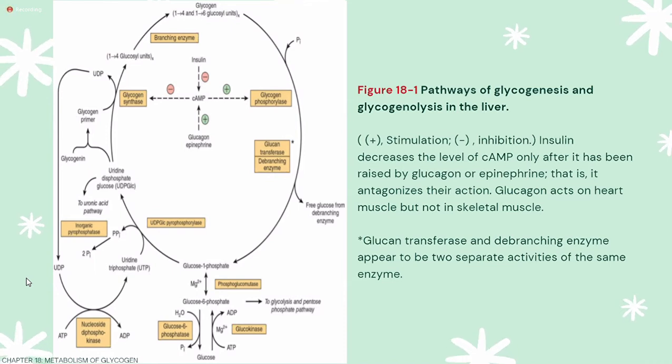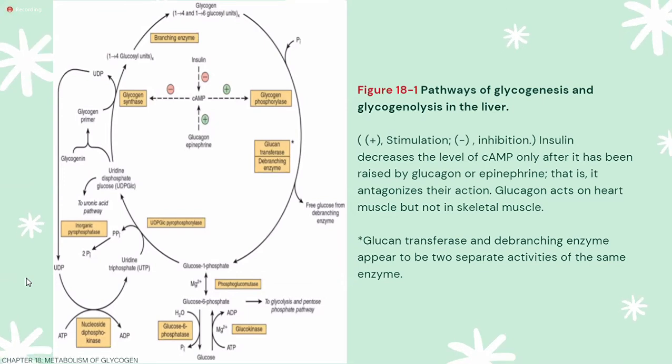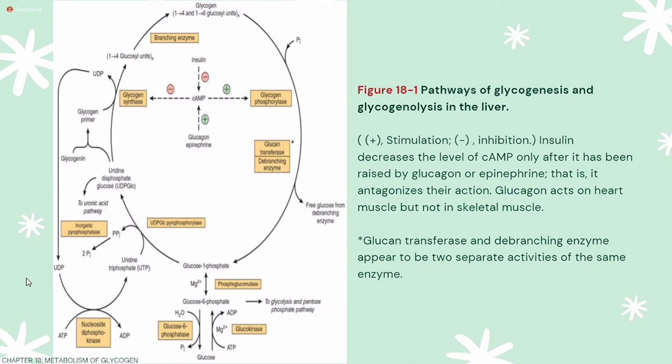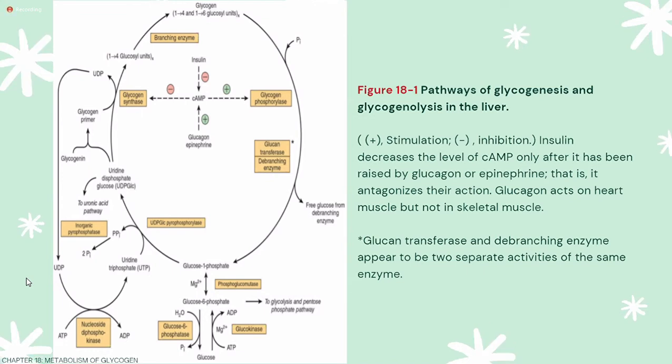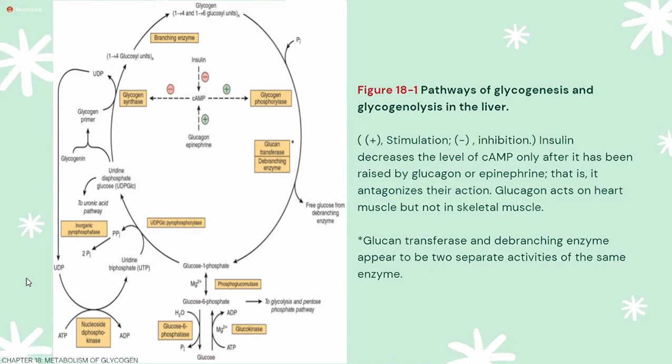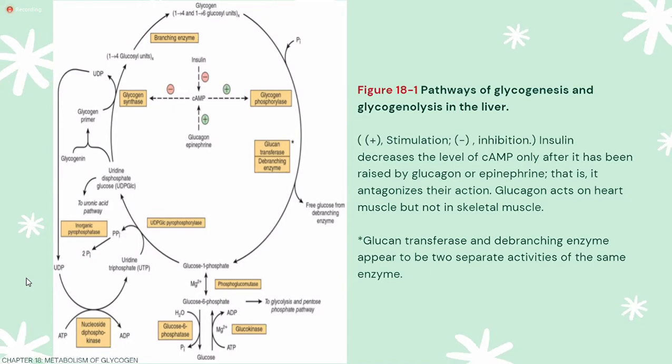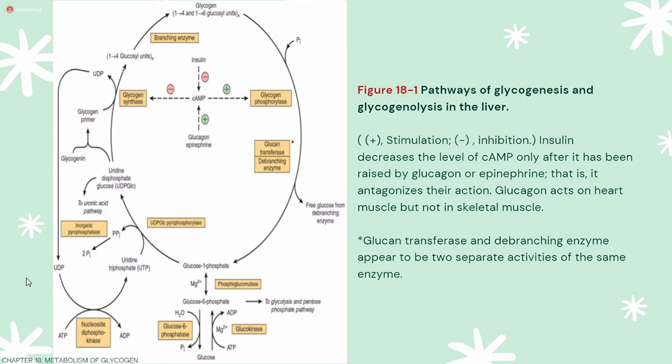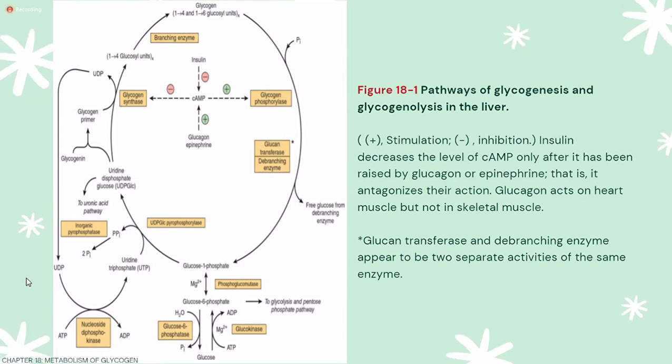So this is an inhibition and stimulation, or a control, by just using a phosphate. One stone hitting two birds. One bird, glycogen synthase, the other bird, glycogen phosphorylase.